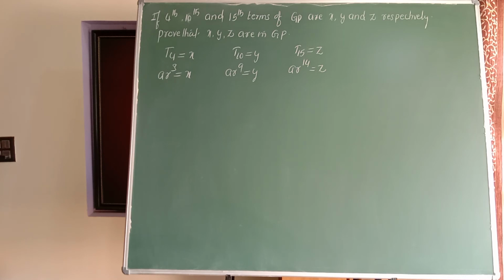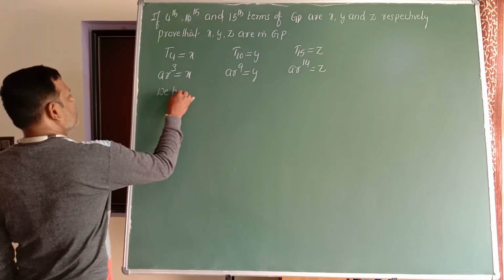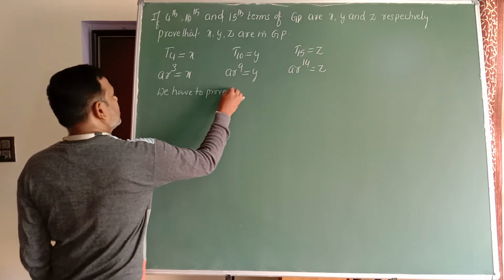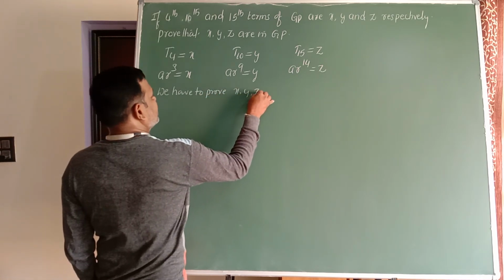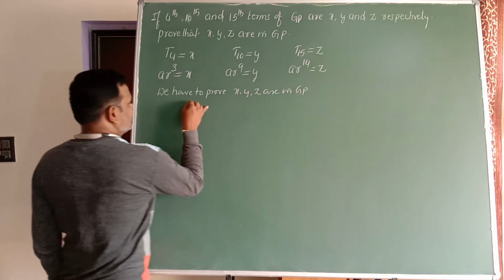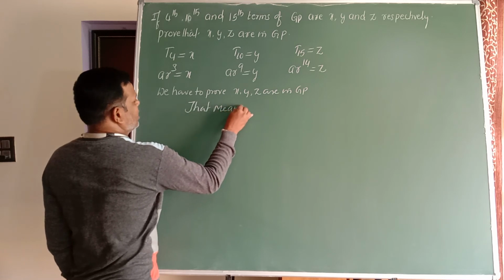Now to prove that X, Y, Z are in GP, we have to prove that... look at me.